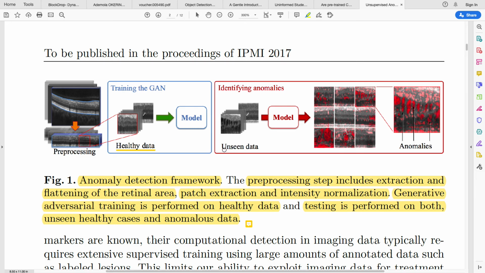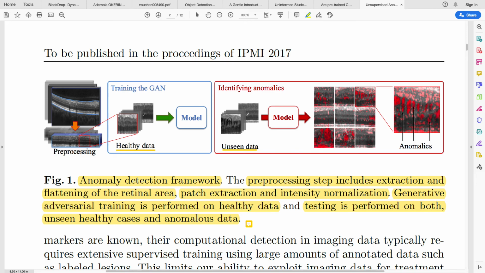Now during test time, which is during the inferencing, they now have unseen data that have not been trained with, that was not shown during the training. So this unseen data could actually be anomalous or normal point. So they want to now identify anomalies in this image.